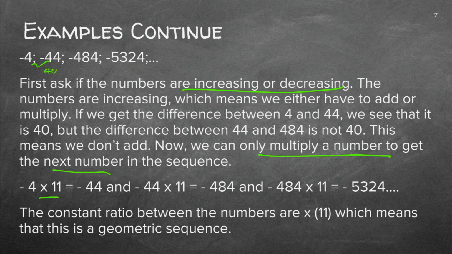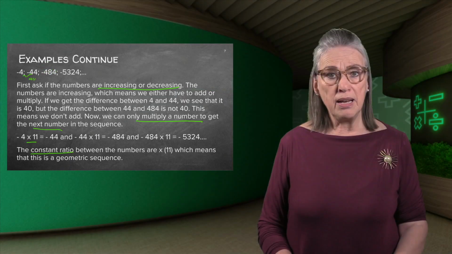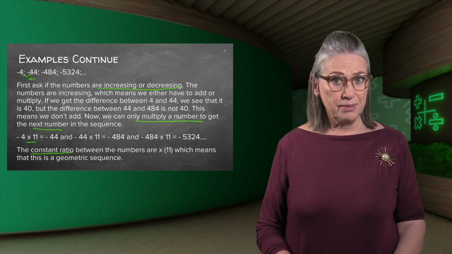We're on to something. 484 times 11 is minus 5,324. So this sequence is a geometric sequence because it has a constant ratio, and we always multiply every number by 11.